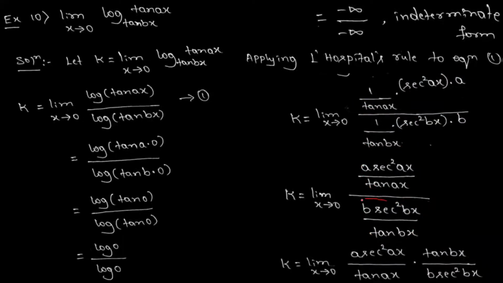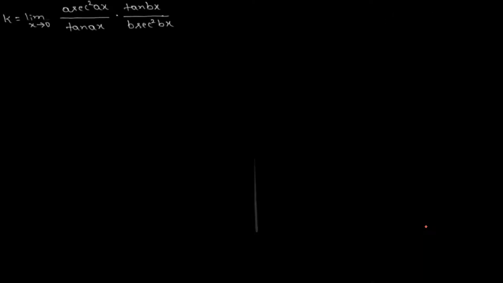Now let us take this denominator to the reciprocal. It means to the numerator it becomes the reciprocal, which we have done here. I have taken the same step from the previous slide here.